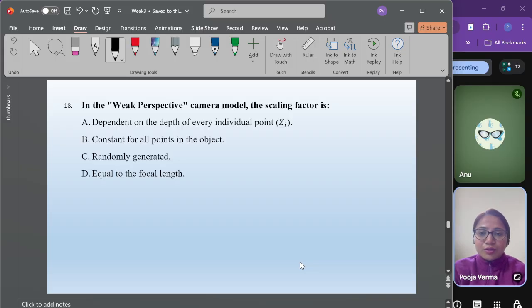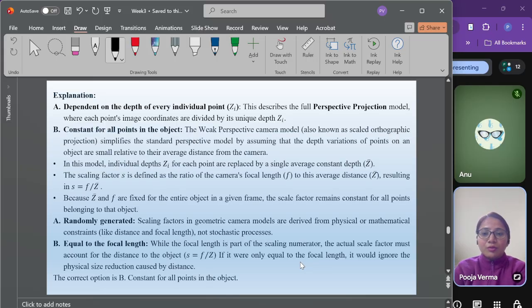Let's see the solution here. We will go option by option. Most of you answered correctly: option B is the correct answer. Option A, dependent on the depth of every individual point Zi, describes the full perspective projection model, where each point's image coordinates are divided by its unique depth Zi.